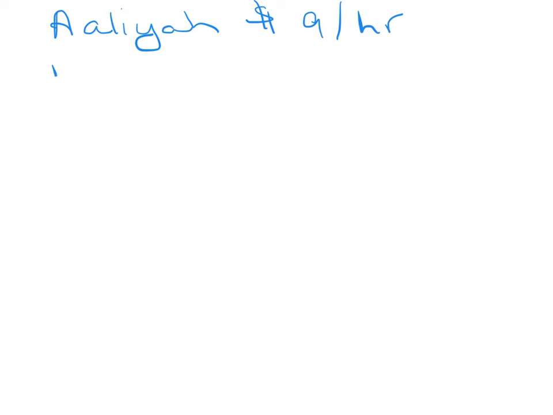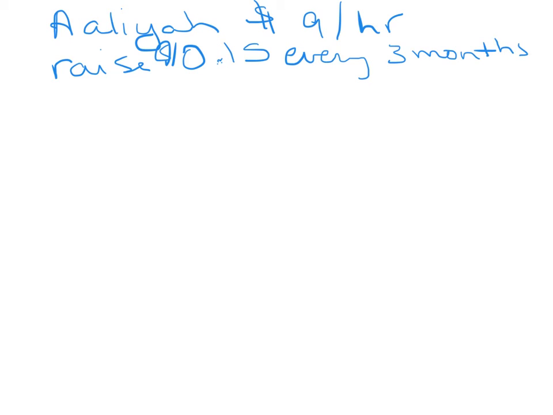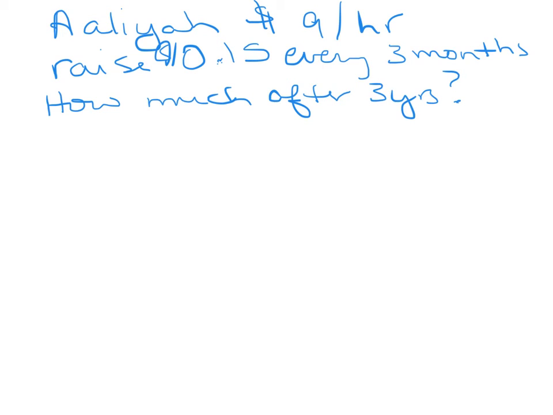She's lucky to get a raise of 15 cents every 3 months. She wants to know how much she will have after 3 years. She must be saving for something.